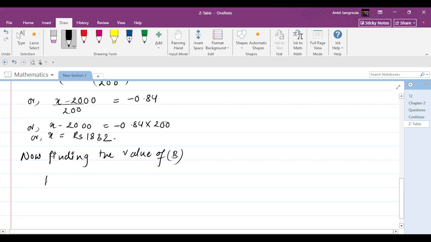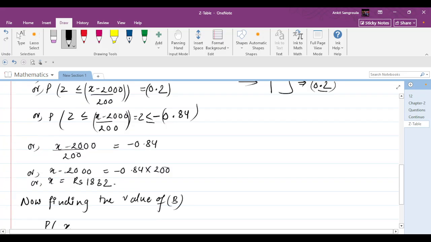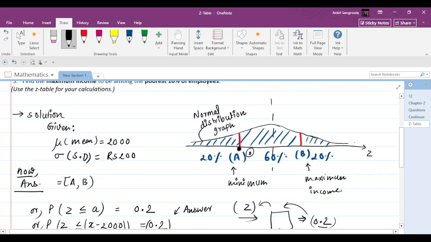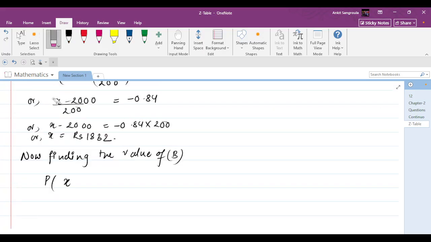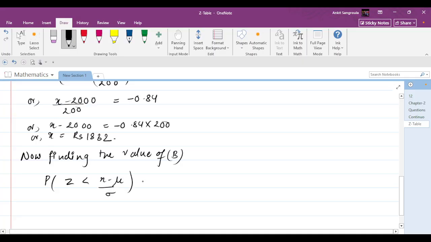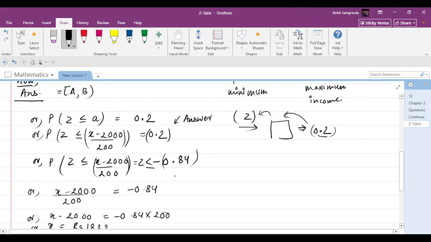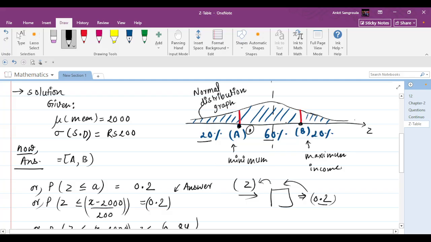If you look at this point, then this is 80% on the less than side. So we'll write probability of Z less than (x minus mu) by sigma equals 0.8. So this will be all the probabilities on this side.